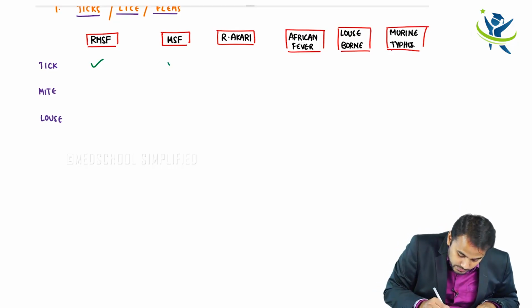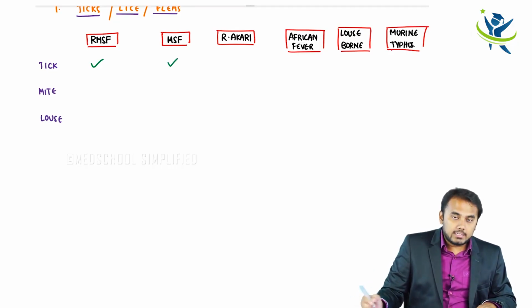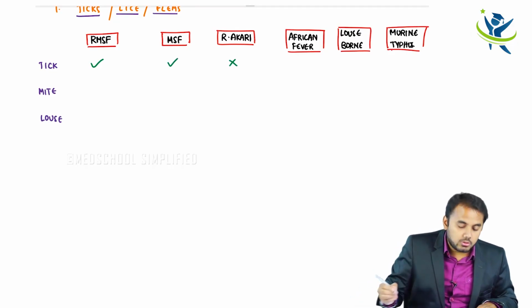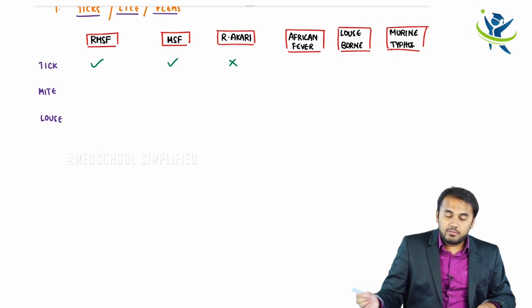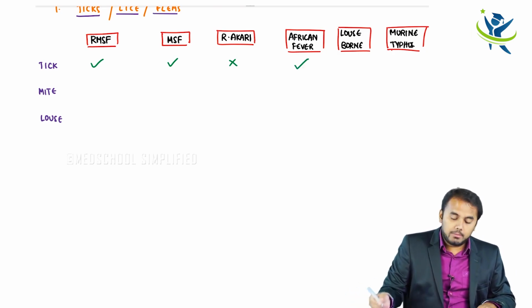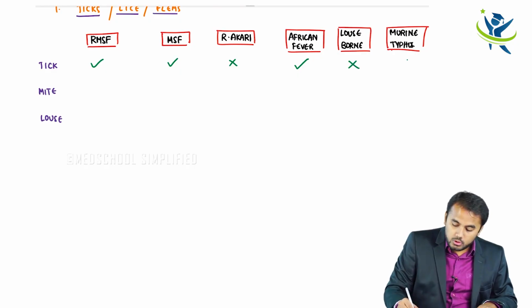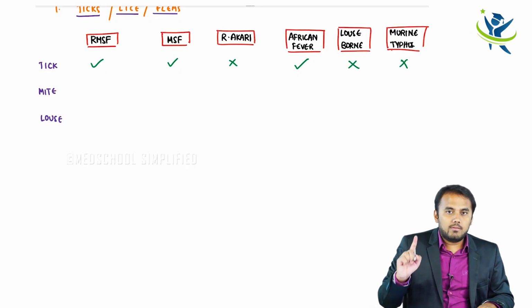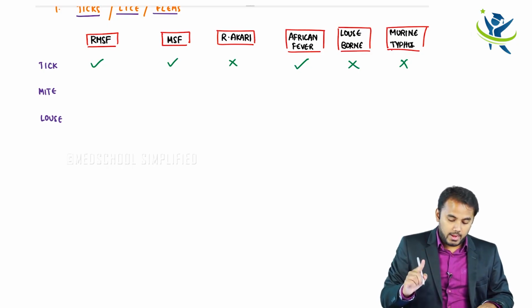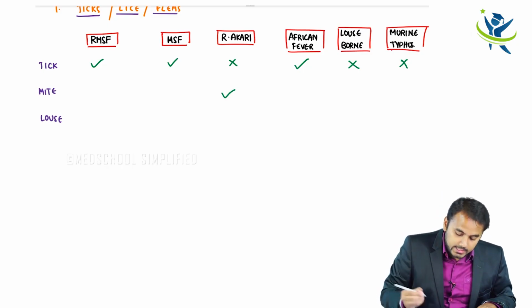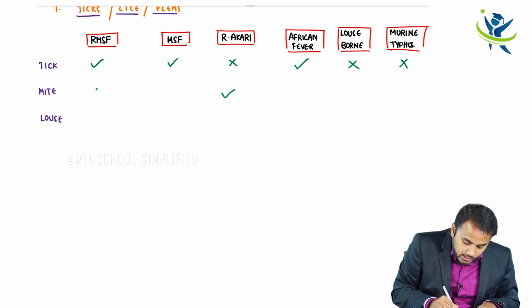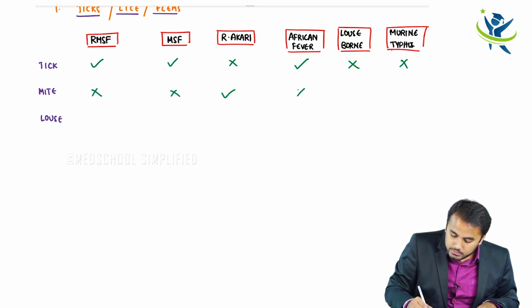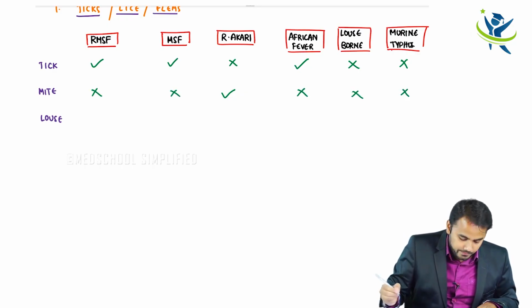Yes, it is also transmitted through tick. Is akari transmitted? No. African fever? Yes. And the remaining two? No, they are also not transmitted by tick. When it comes to mite, there is only one organism transmitted through mite, that is Rickettsia akari. The remaining all are not transmitted through mite.